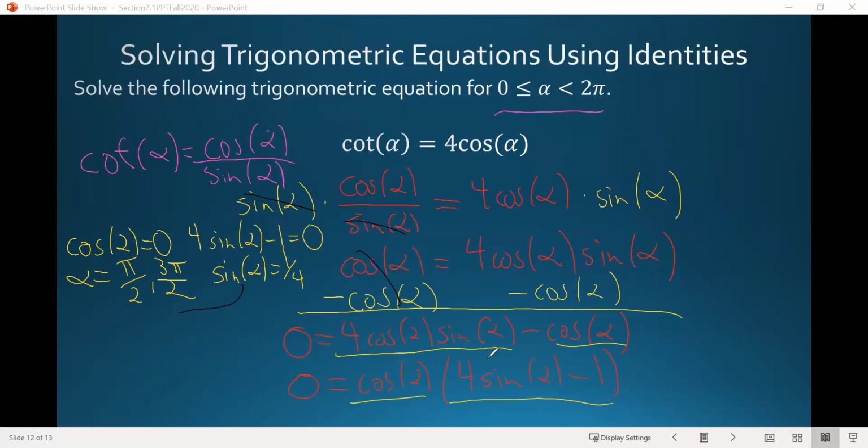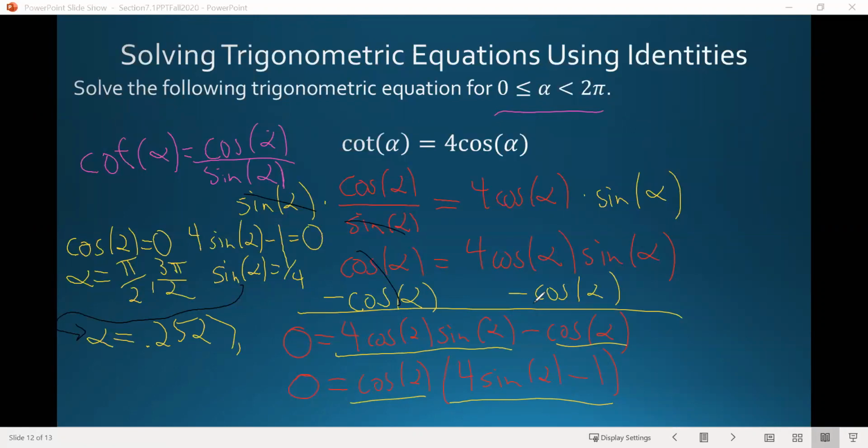I'll put those solutions over here. So we could do inverse sine of 1/4 to get the first answer there, which gives us 0.2527. And then that's an answer in the first quadrant.